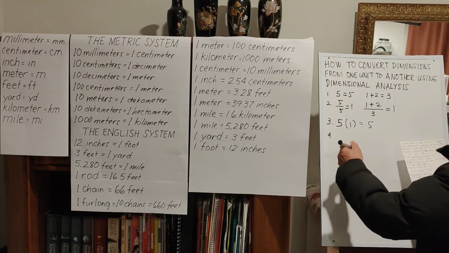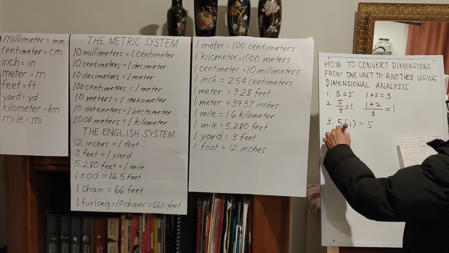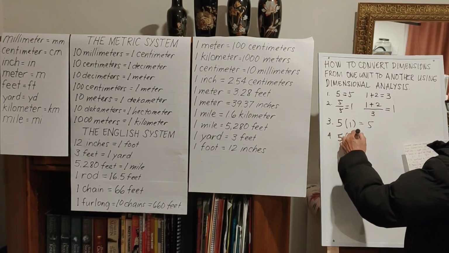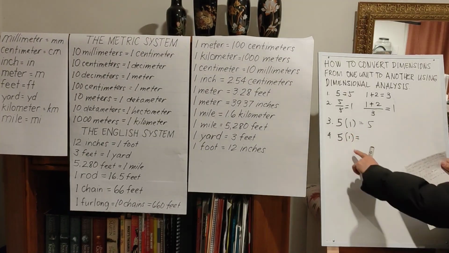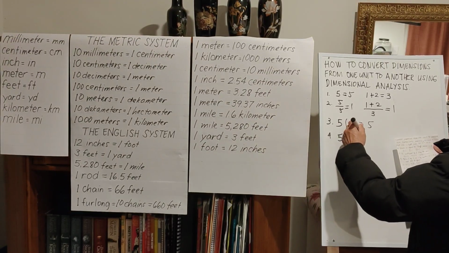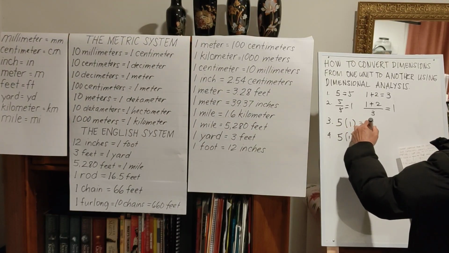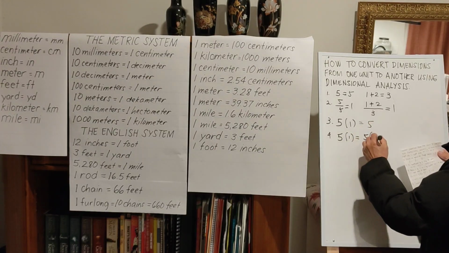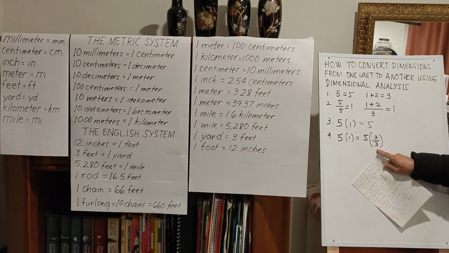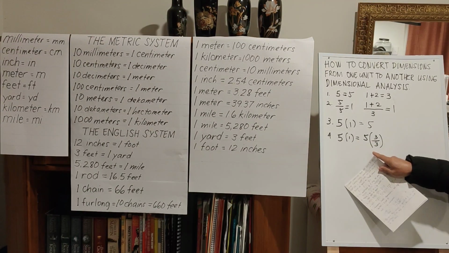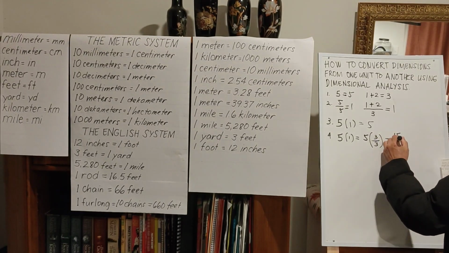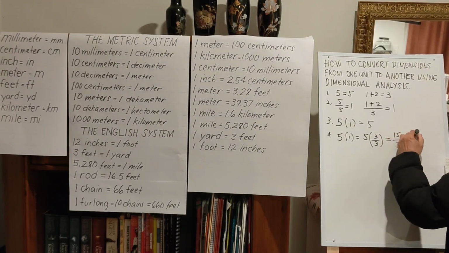For example, 5 times 1. We will replace 1 by a fraction that is a number that is equal to it. Like for example, 5 times 3 over 3. So we change 1 into 3 over 3. It would still be 5 times 3, 15 over 3. It will still be 5.